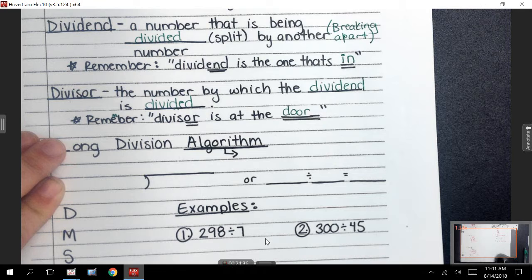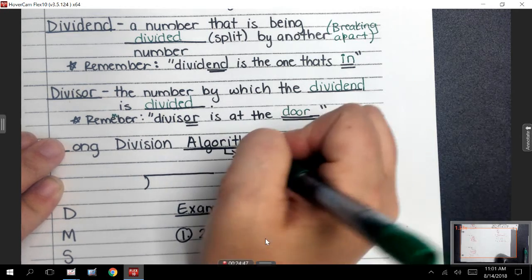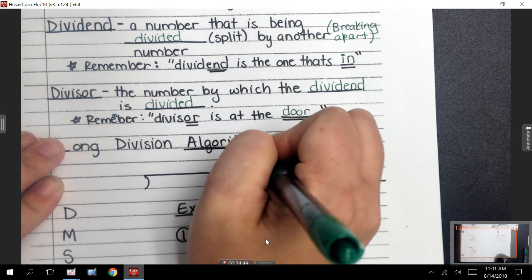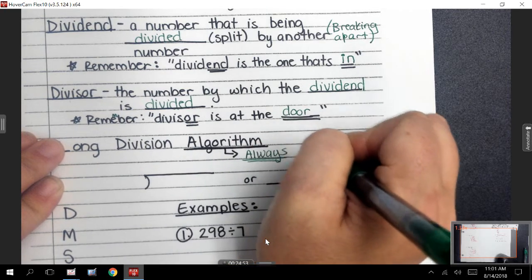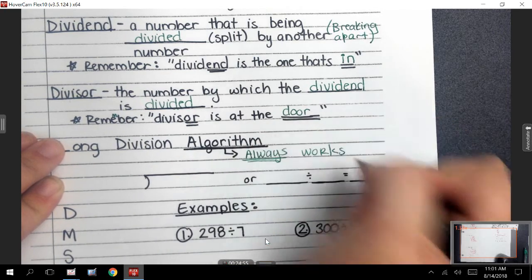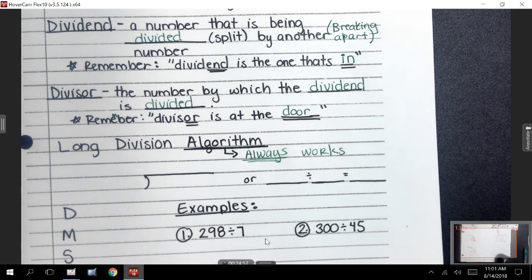That is the way we would do the algorithm for adding and subtracting and multiplying. But what is special about an algorithm? It's always the same. It always works. An algorithm is just a way to work a problem that's always going to work if you follow the steps.